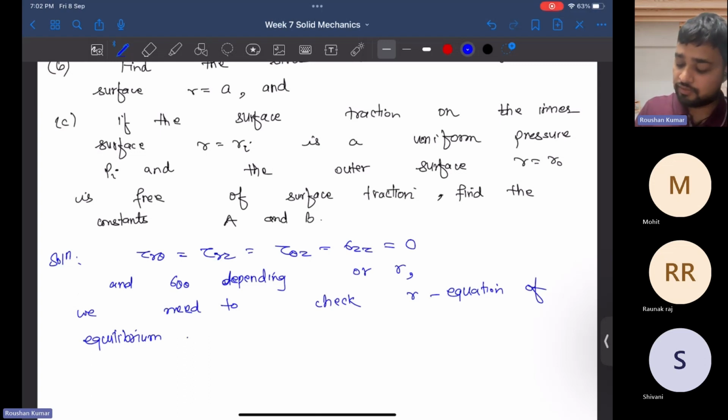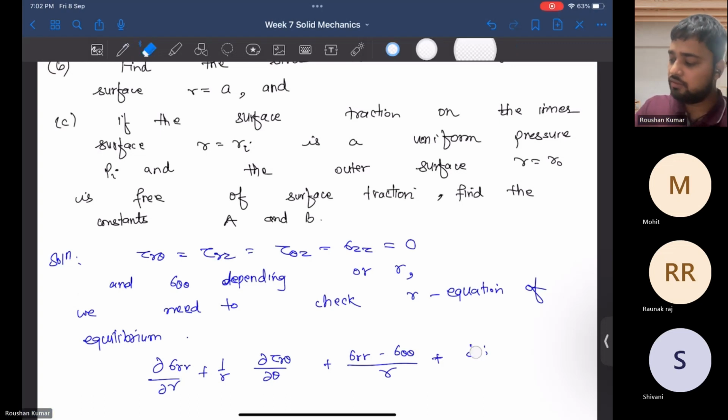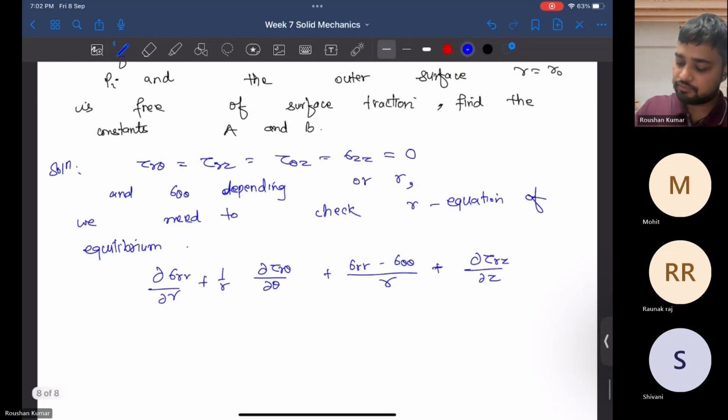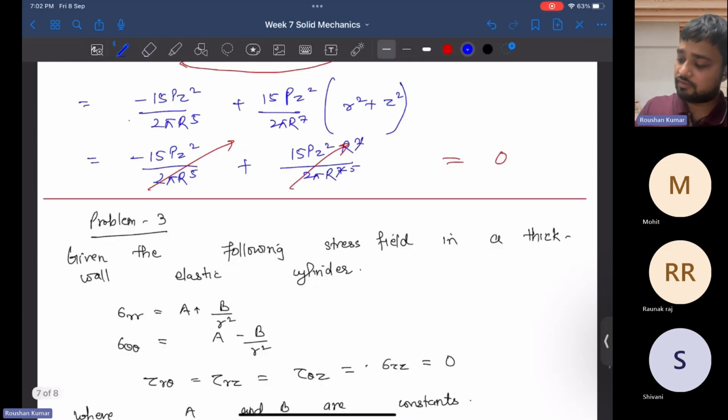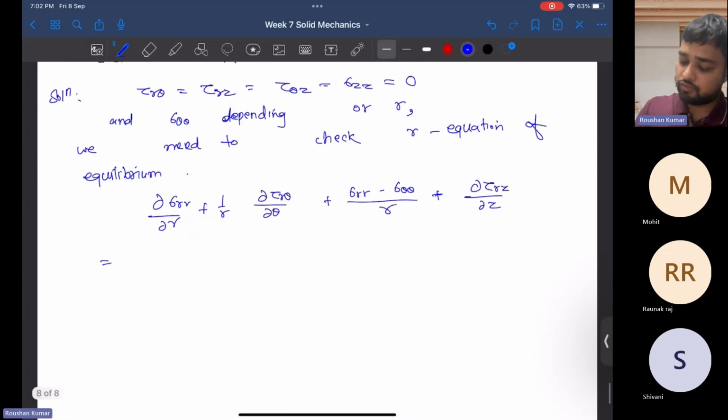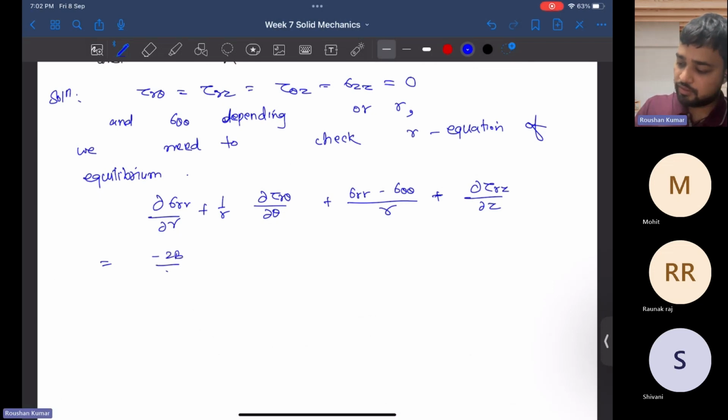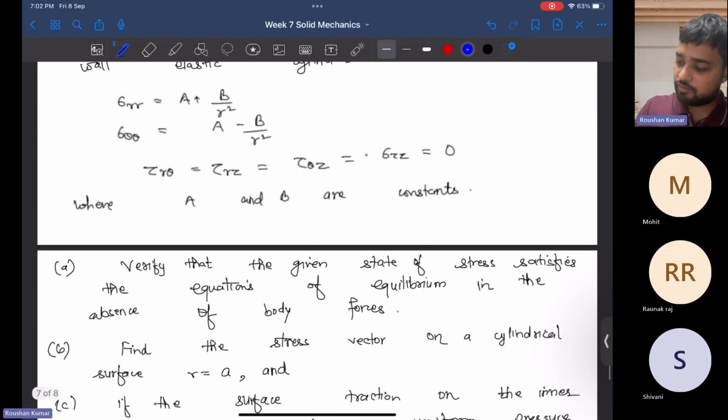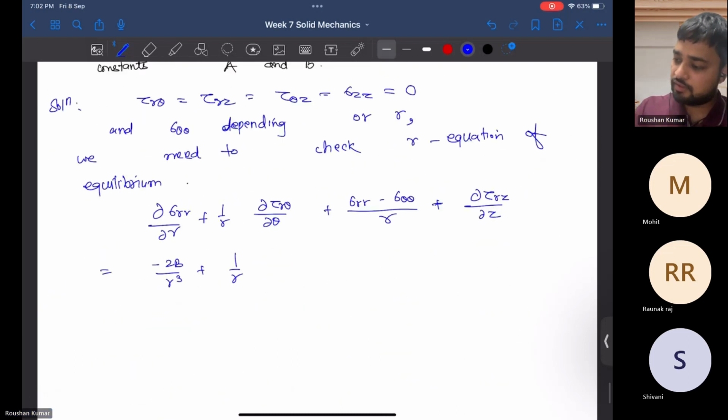The r equation of equilibrium is given by del sigma rr upon del r plus 1 by r del tau r theta upon del theta plus sigma rr minus sigma theta theta upon r plus del tau rz upon del z. Del sigma rr upon del r is minus 2b upon r cube. There is no tau r theta, so that term is automatically 0 and cancels out.